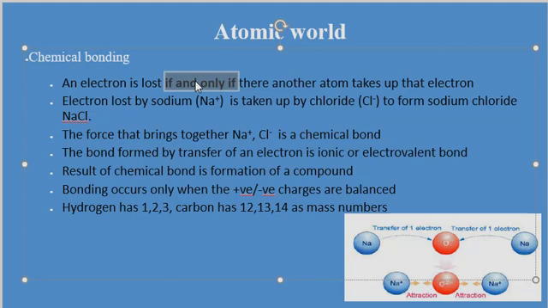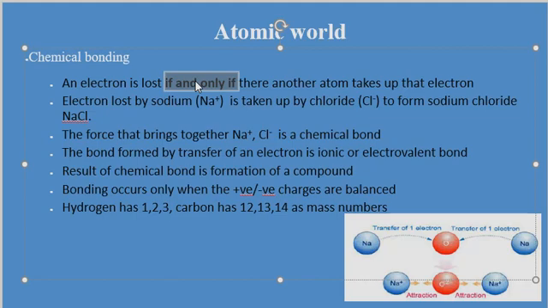Now, if you have to separate the sodium and chlorine from the sodium chloride, it is very difficult, because you have to rearrange the lost electron and the gained electron to separate it. The force that brings together the positive sodium and the negatively charged chlorine is a chemical bond. How good the bond is will decide how closely together sodium and chlorine will remain as a compound.